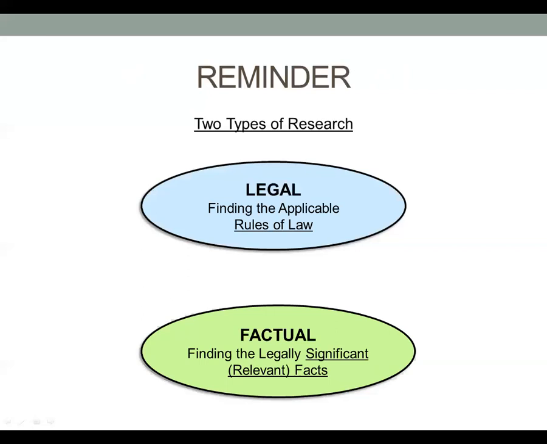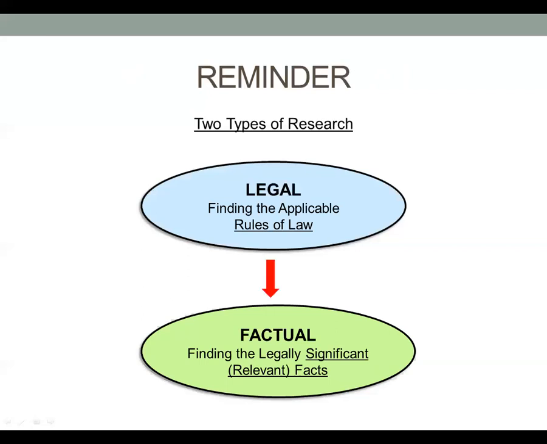And then once you found the rules of law, you may realize you need some additional facts from the client or from other sources so that you can fully and completely perform your application. And so you might have to go back to do some factual research and then go back to the law. And this may go back several times during the process.